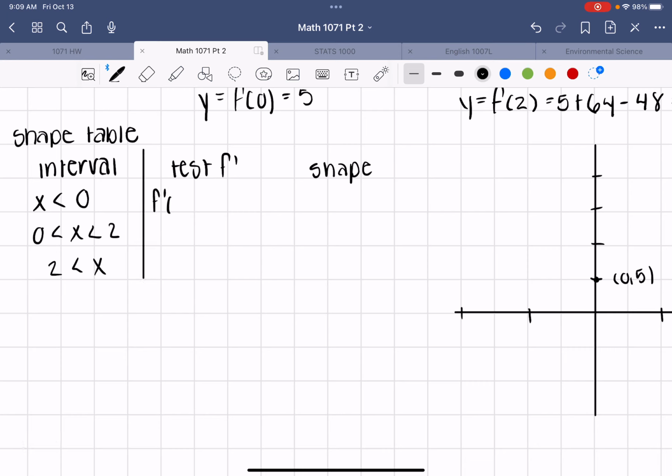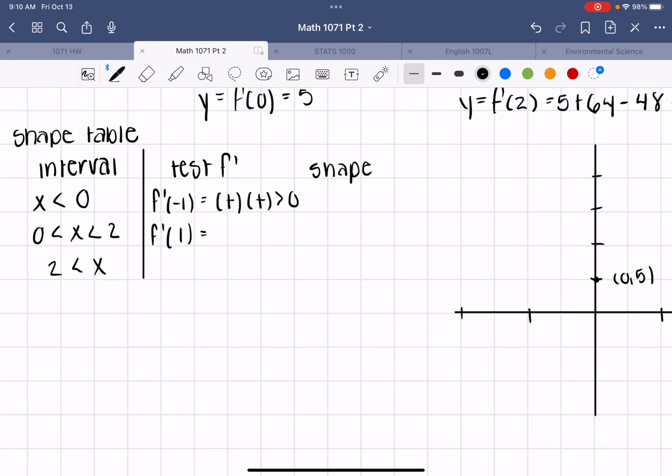How about f prime of 1? Positive, positive. Again, it's still increasing.